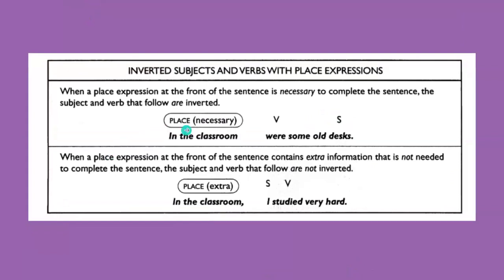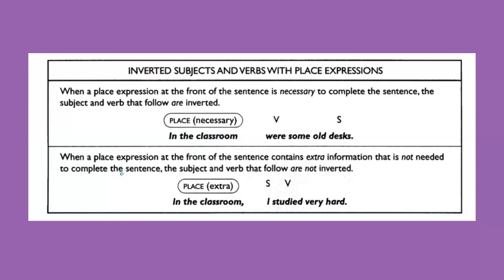When a place expression is at the front of the sentence, it is necessary to complete the sentence. The subject and verb that follow are inverted. For example, in the classroom were some old desks. And no, in the classroom, some old desks were. Okay?